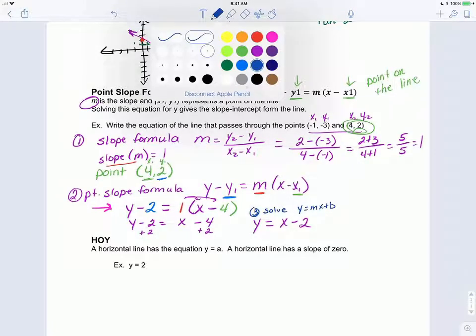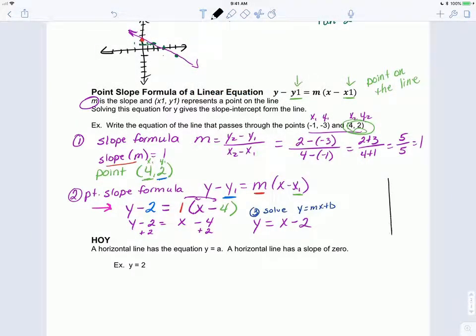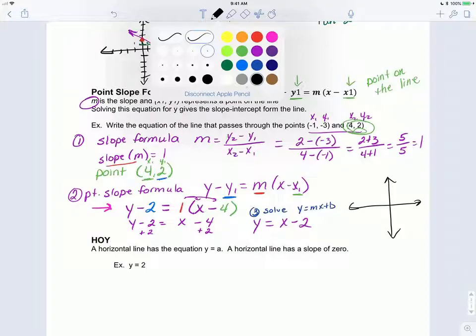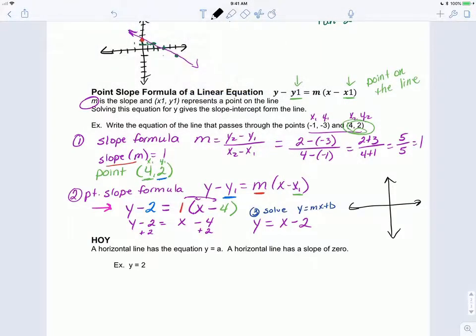So from there, if you just want to go graph it, given this y equals mx plus b, you should be able to tell me now where the y-intercept is and what the slope is.